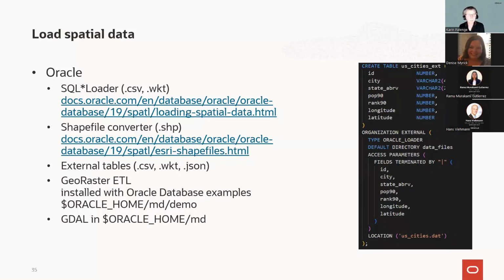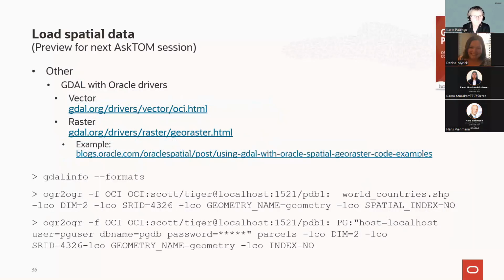GDAL is an open source tool, very often used to work with several types of spatial data and several formats. Let me briefly show a few examples of how you can load spatial data using GDAL.